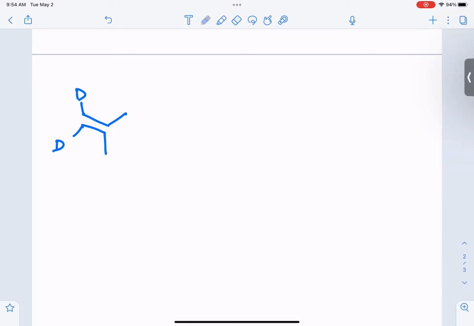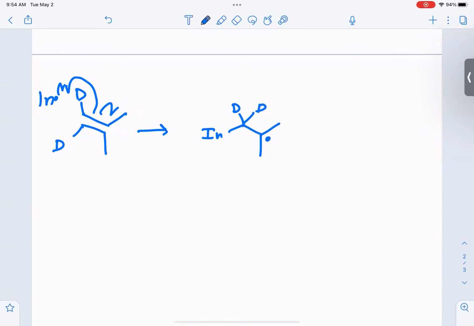All right, there's my initiator. Those are going to come together and then I'm going to get a radical. So initiator, deuterium, deuterium, radical. Do you see that? Yeah. Okay. All right. And then we have our propagation steps.